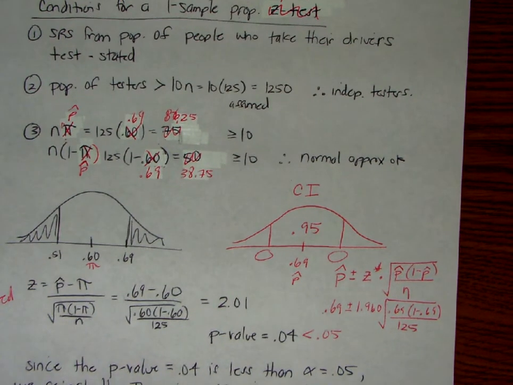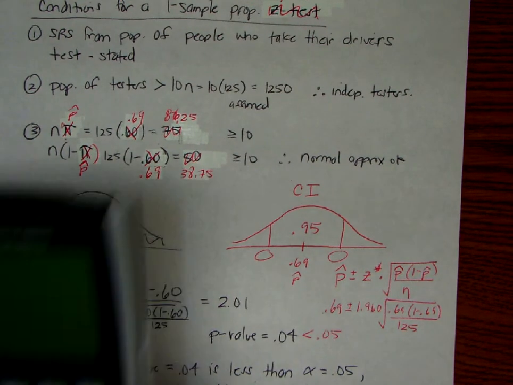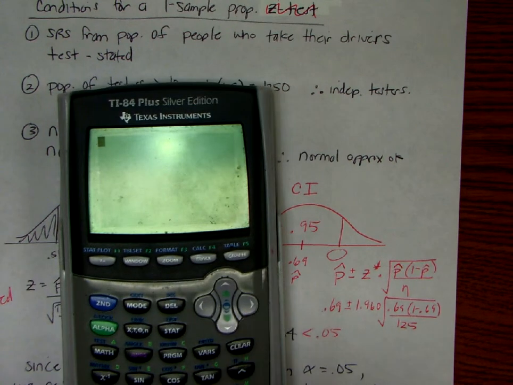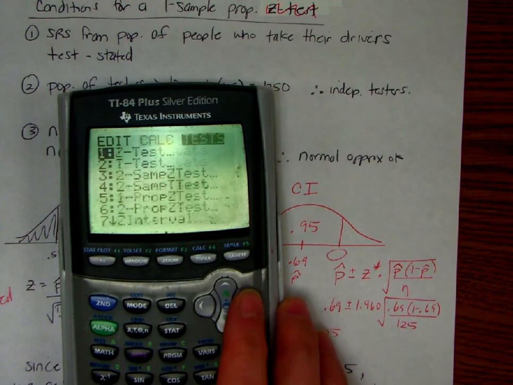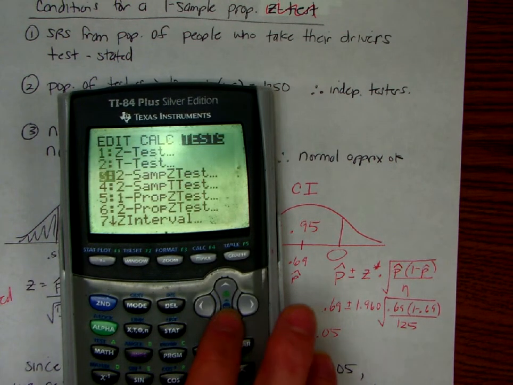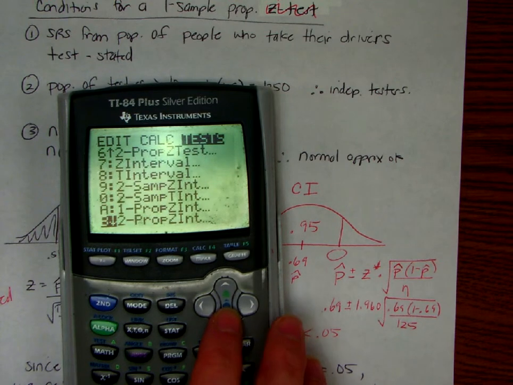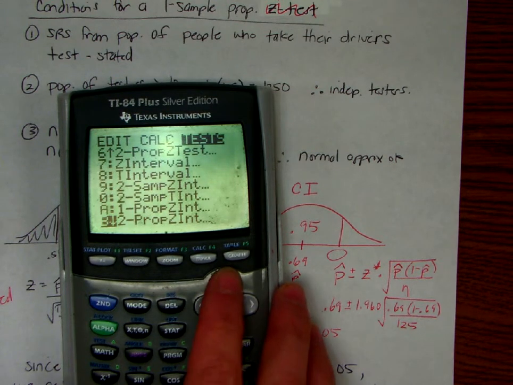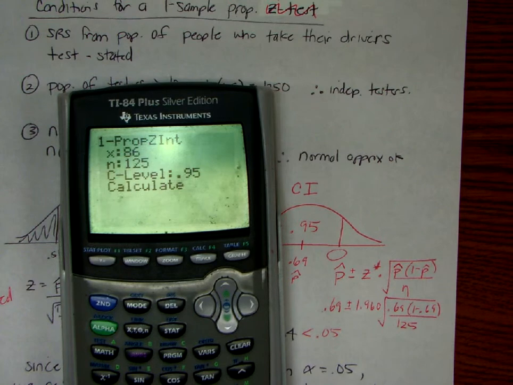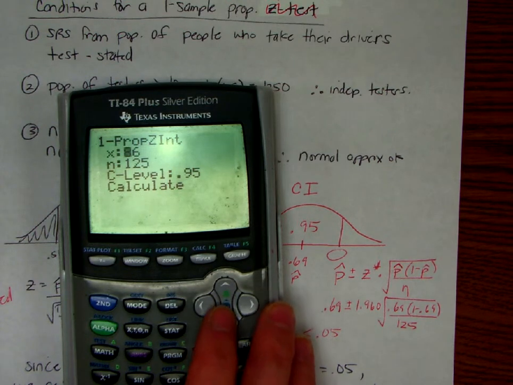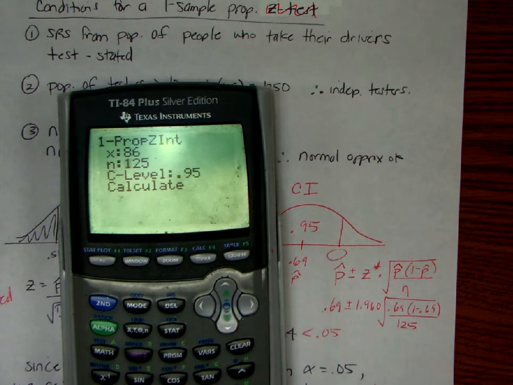Now I go to my calculator. Stat, test. I've got to go down to intervals. Remember, if it's a proportion, it better have the word proportion. This is one sample proportion. And x is 86. P hat, remember, it's not p hat, it's what fraction creates p hat. 86 out of 125.